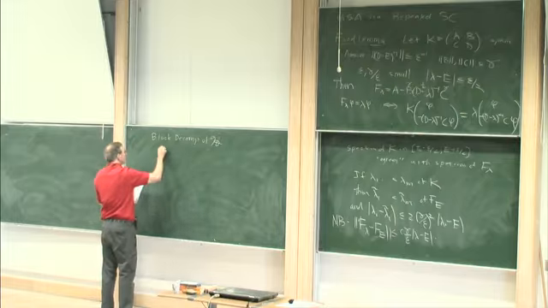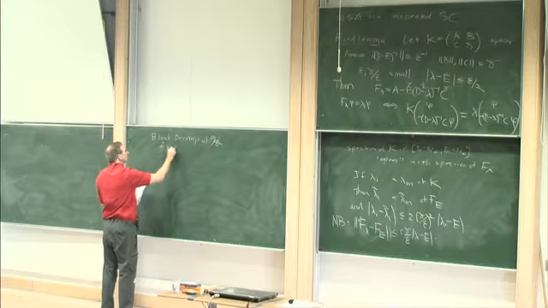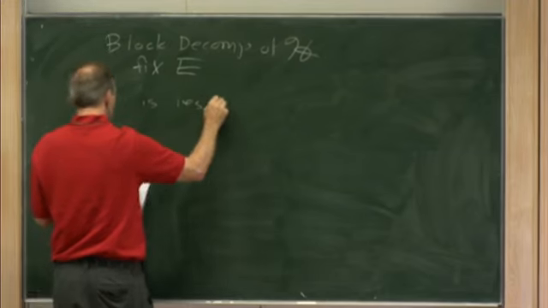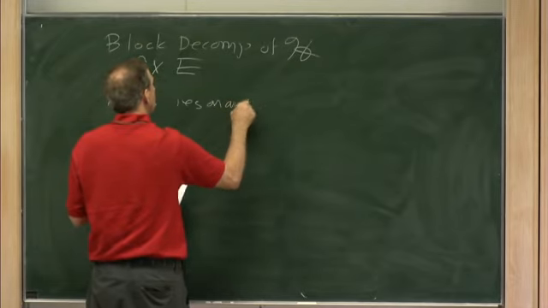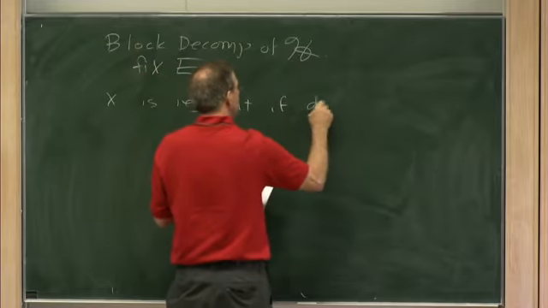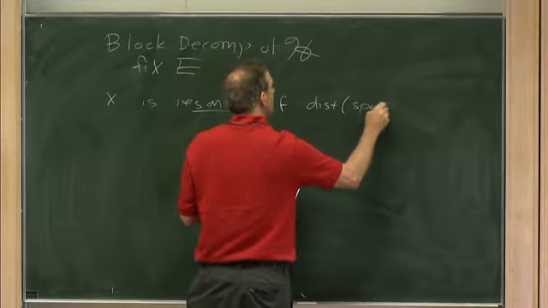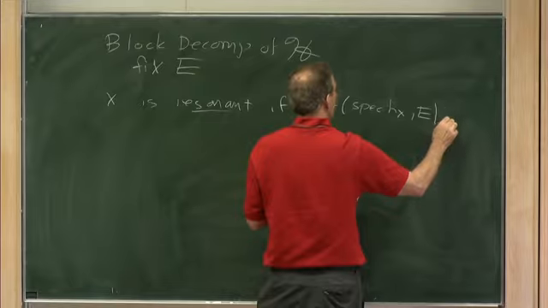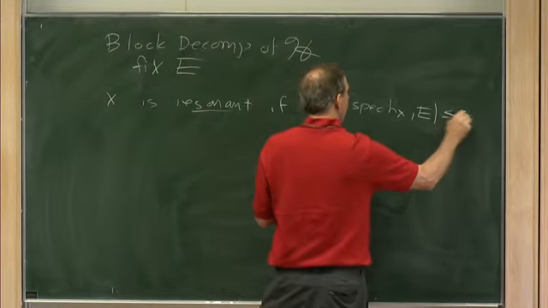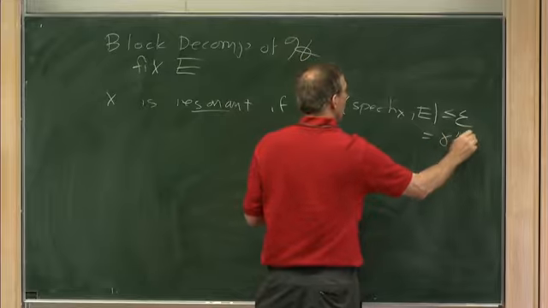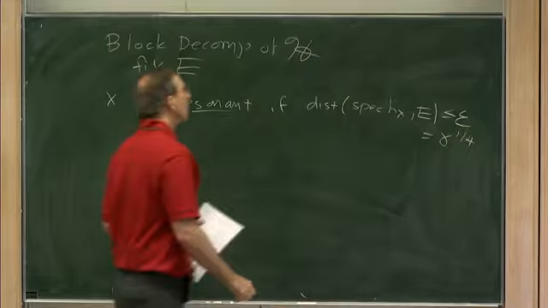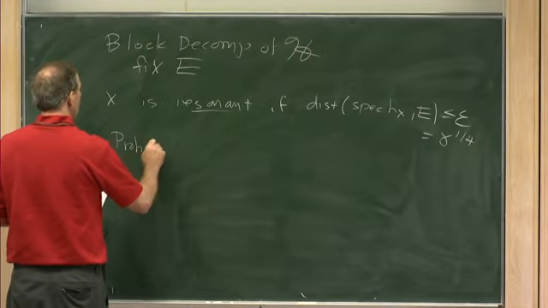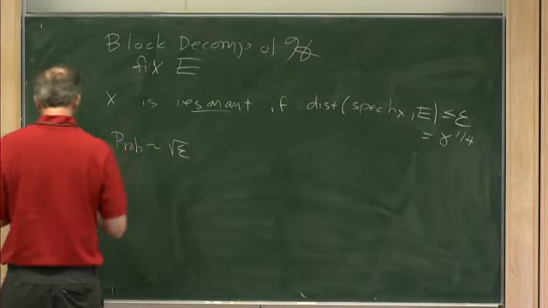We're going to fix E. We say that x is resonant if the distance from the spectrum of H_x to E is less than or equal to epsilon, which is gamma to the 1/4. So the probability is of order epsilon squared, as I indicated earlier.